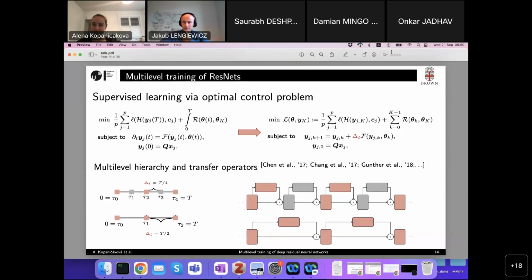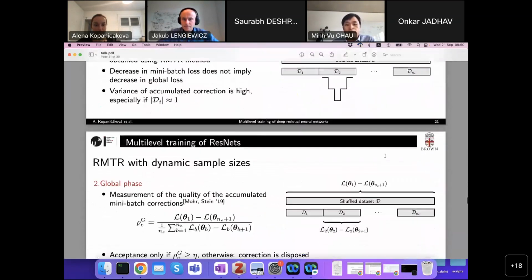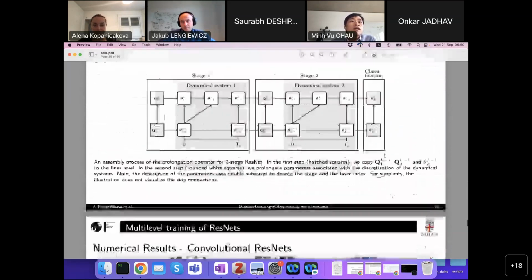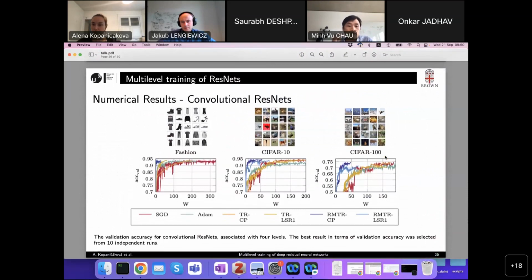Yeah, thank you for your presentation, Alena. I would like to ask a question about the choice of the optimizer. Here you can see you have the example of Adam, stochastic gradient descent, and also limited-memory BFGS. I remember that usually limited-memory BFGS is a second-order optimizer, so it requires quite a lot of computational effort.